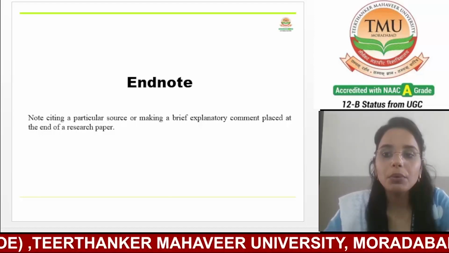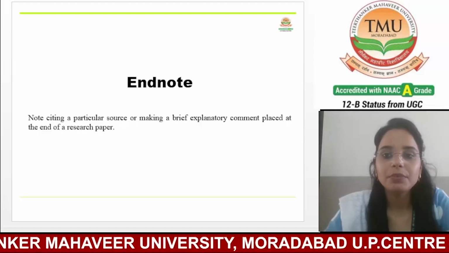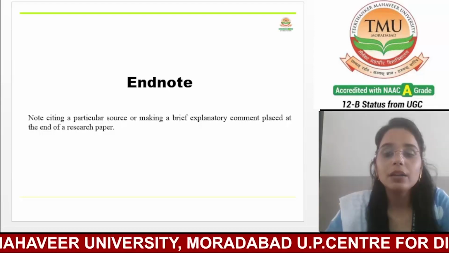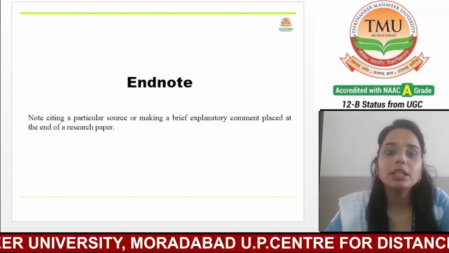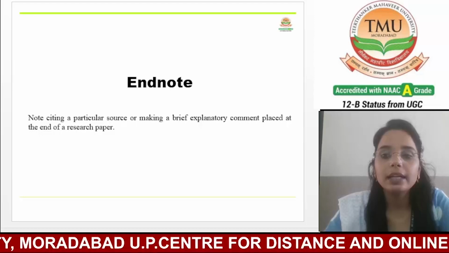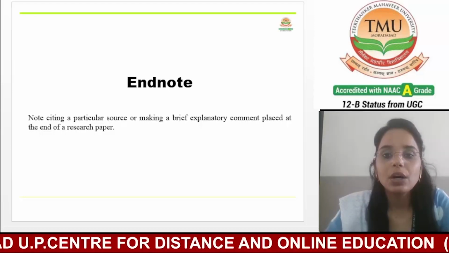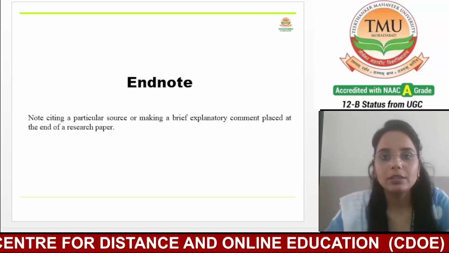Unlike footnotes, which are placed at the bottom of the same page where the references or additional information are mentioned, endnotes are collected at the end of the chapter, section, or the entire document.